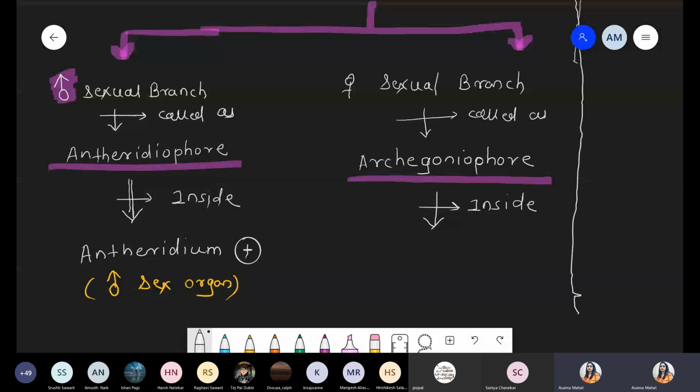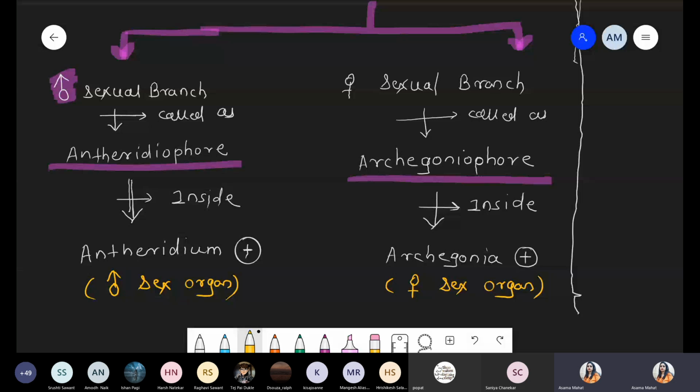Same condition with respect to archegoniophore. Inside this archegoniophore there is a presence of archegonia, and these archegonia represent the female sex organ. Done?